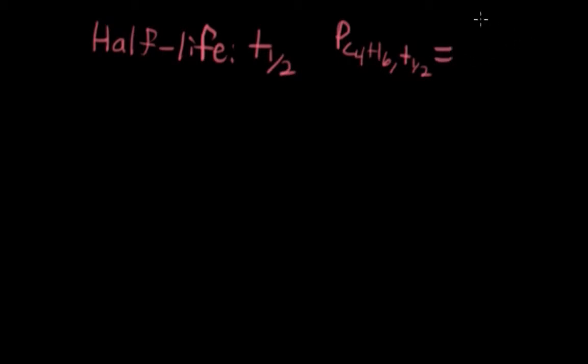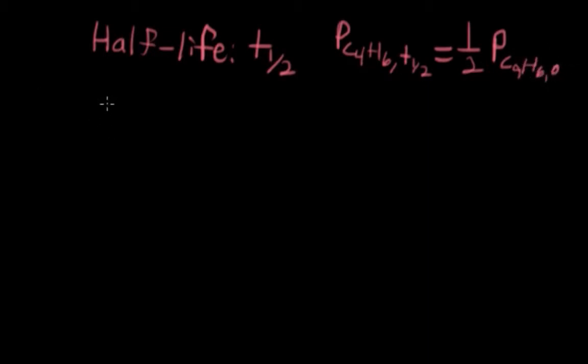And just as a reminder, half-life is often abbreviated as t1/2. That's defined as the time at which the partial pressure of C4H6 is equal to 1/2 of the initial partial pressure of C4H6.